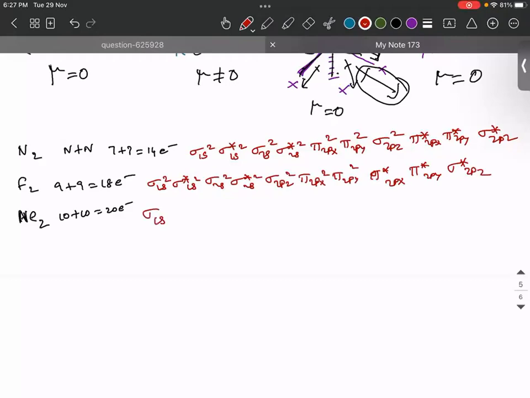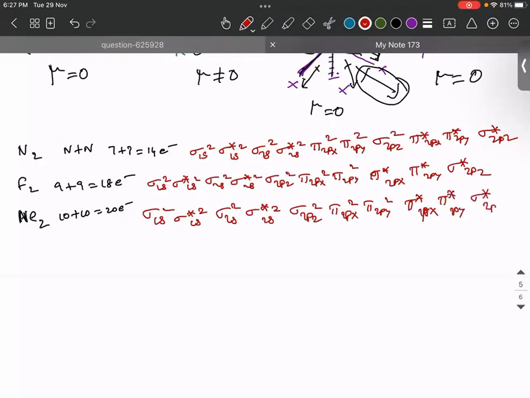Same way: sigma 1s2, sigma star 1s2, sigma 2s2, sigma star 2s2, sigma 2pz2, pi 2px2, pi 2py2, pi star 2px. I am giving the space, we have to fill it. Pi star 2py, sigma star 2pz.